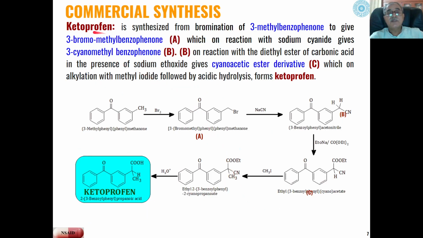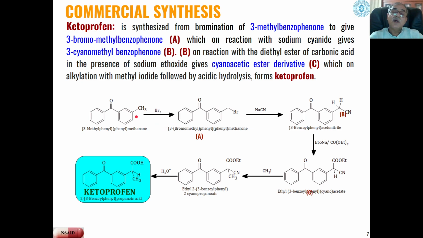The next is ketoprofen. Ketoprofen again is synthesized from a benzophenone derivative. Basically, 3-methylbenzophenone is used as the starting material for synthesis of ketoprofen.